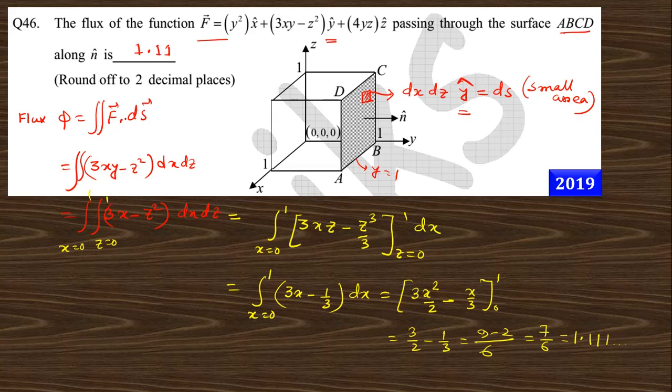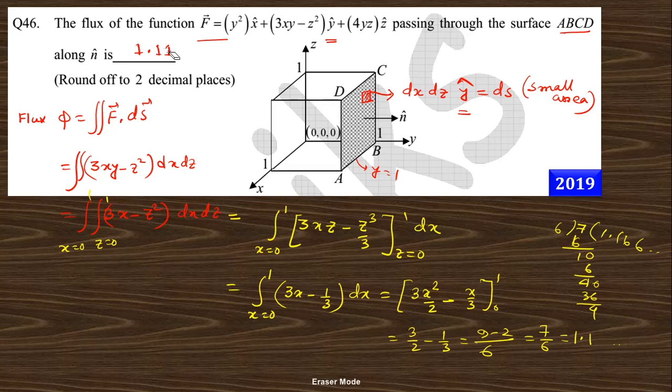So our answer is 1.6, or this is not correct, 1.61... 6, oh this is 4, 36, 6666.